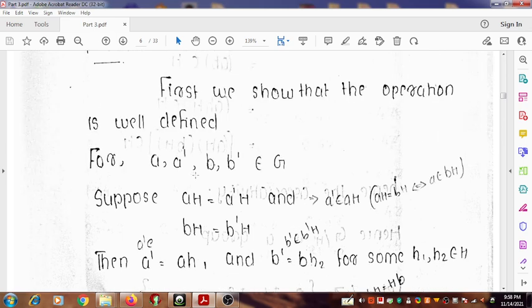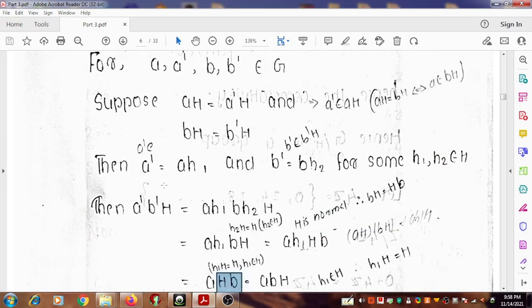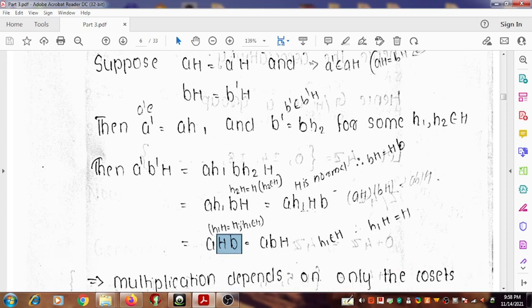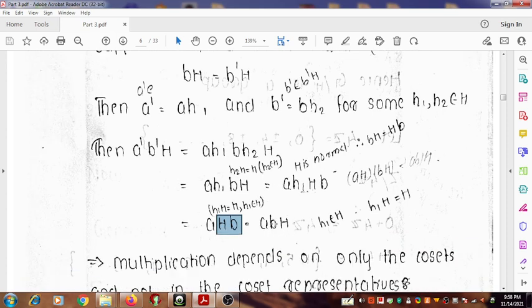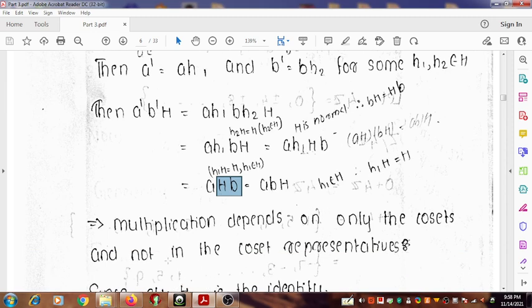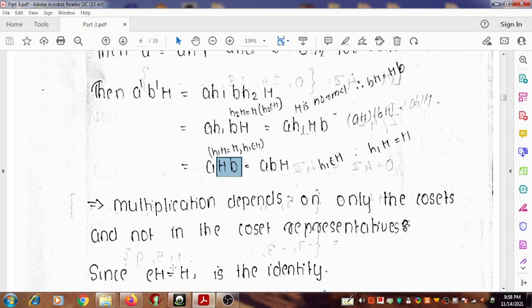So we started by considering A prime B prime of H, and by doing all these simplifications, finally we obtain that it is equal to ABH. This shows that the operation which is defined is a well-defined operation.